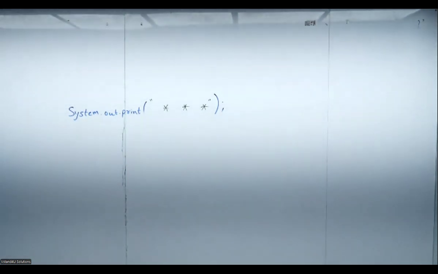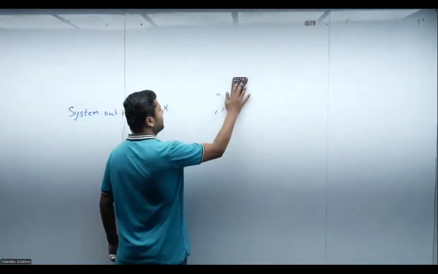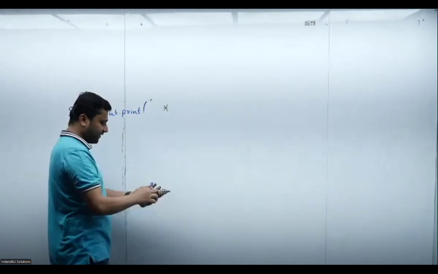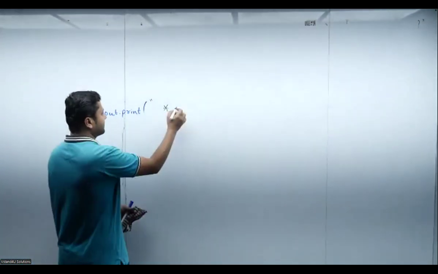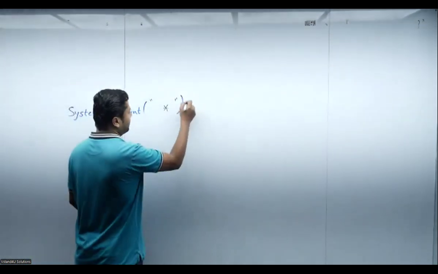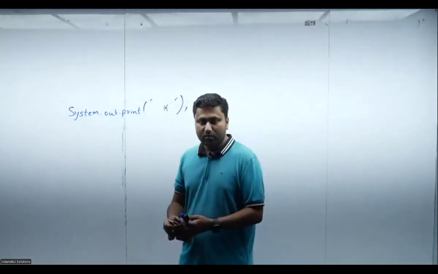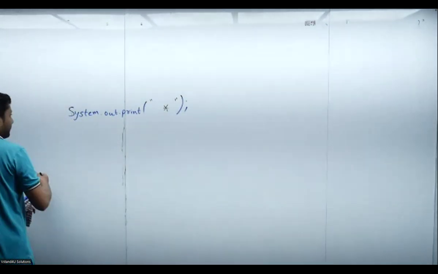Okay. Sir, what to do in that case? If the number of stars is not fixed, if it is floating, then this is not the right approach. In that case, you are telling better you go for a loop. Usually a for loop. So can you please help me with the for loop?